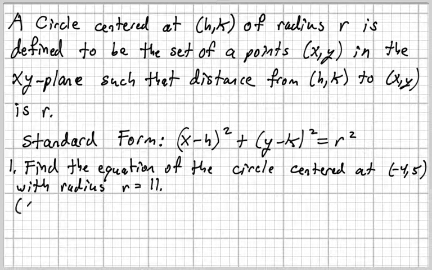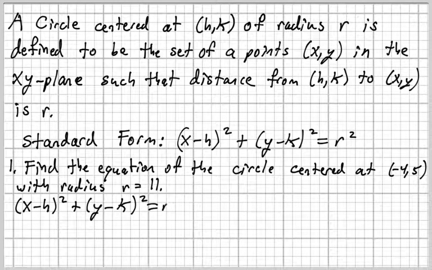equal to 11. Okay, so our standard form of equation of a circle, x minus h squared plus y minus k squared is equal to r squared. The center is hk, so the center is -4 and 5, so that's your hk. So x minus the h, which is -4, so you've got to be a little bit careful there.